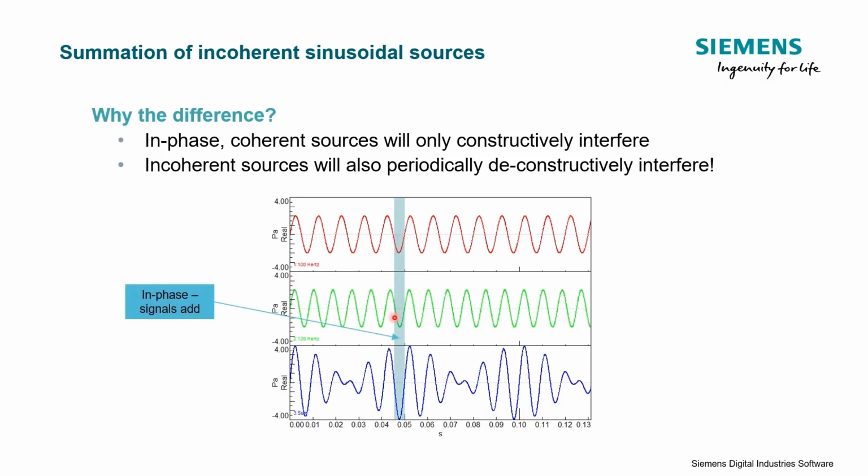Like right here, they're both pointing down, so they're going to constructively interfere with each other, and we're going to get 2 plus 2, and you see the magnitude is now close to 4 down here. So they're in phase, and the signals add together. But a short while later, a couple cycles later, now they're completely out of phase. The green is going up, red's coming down. Those cancel out, and we essentially get 0.